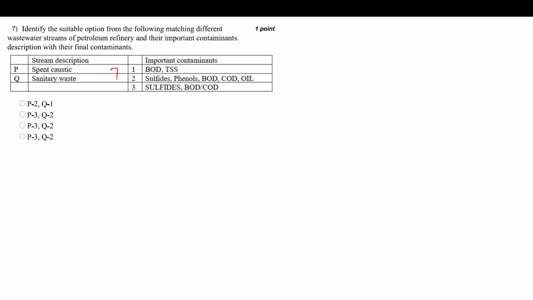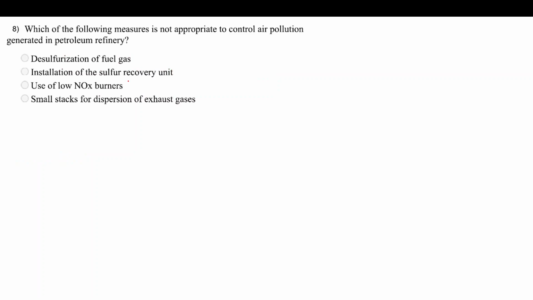So for P, option 2 is the correct answer. And if you look into sanitary waste, then it will have BOD and obviously total suspended solids. So 1 is the correct answer. So P2 Q1 A option is the correct answer here.